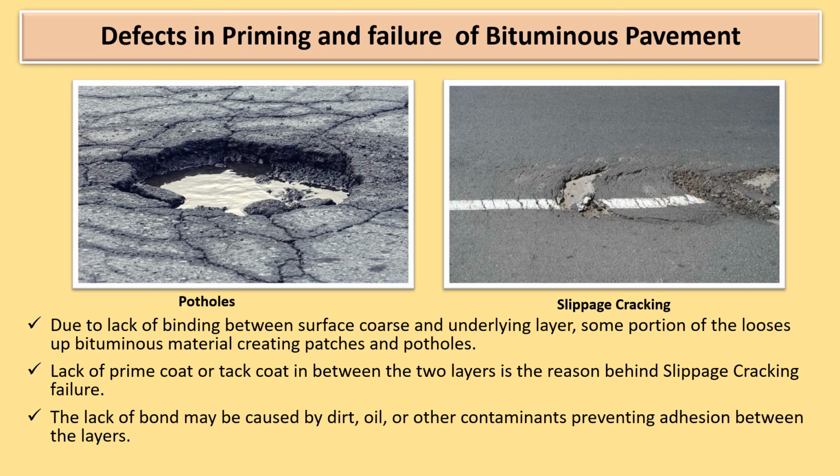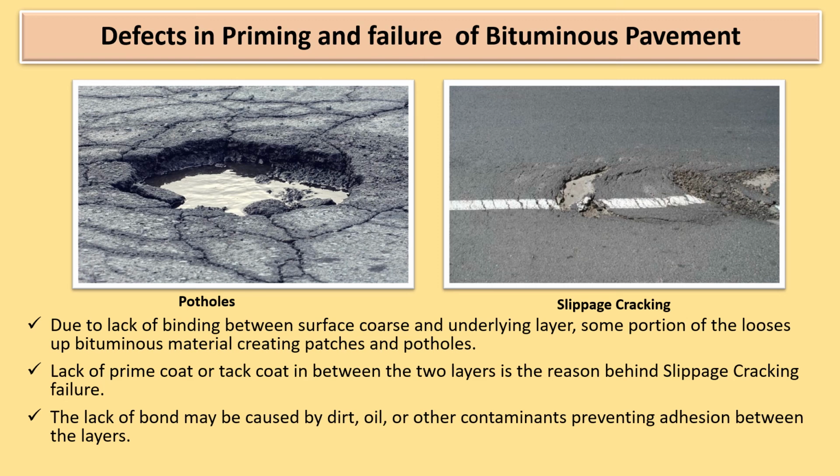It may be due to the improper application of primer or tack coat over the base course or other bituminous layer. The tiny patches that are initially created under the action of vehicle movement and environmental effects grow in a later period and ultimately form a bigger pothole.